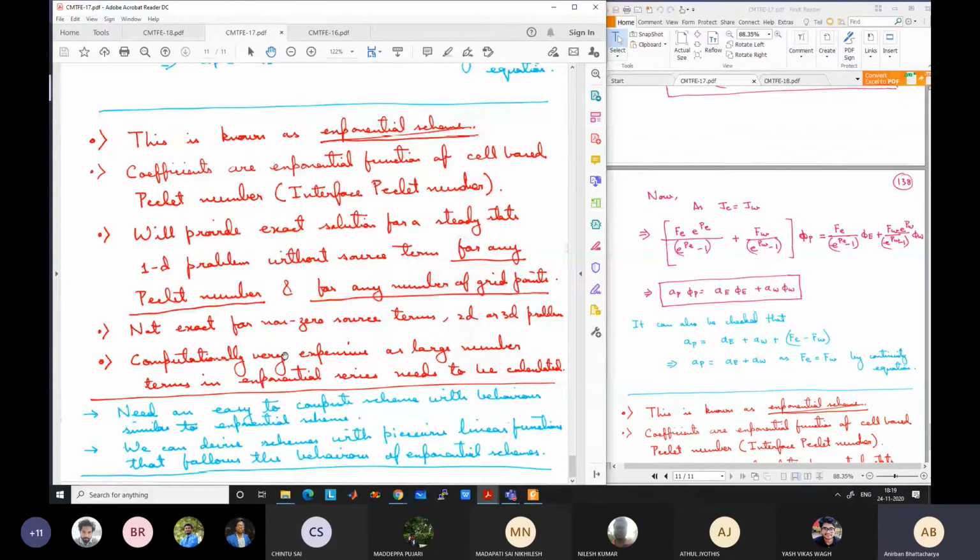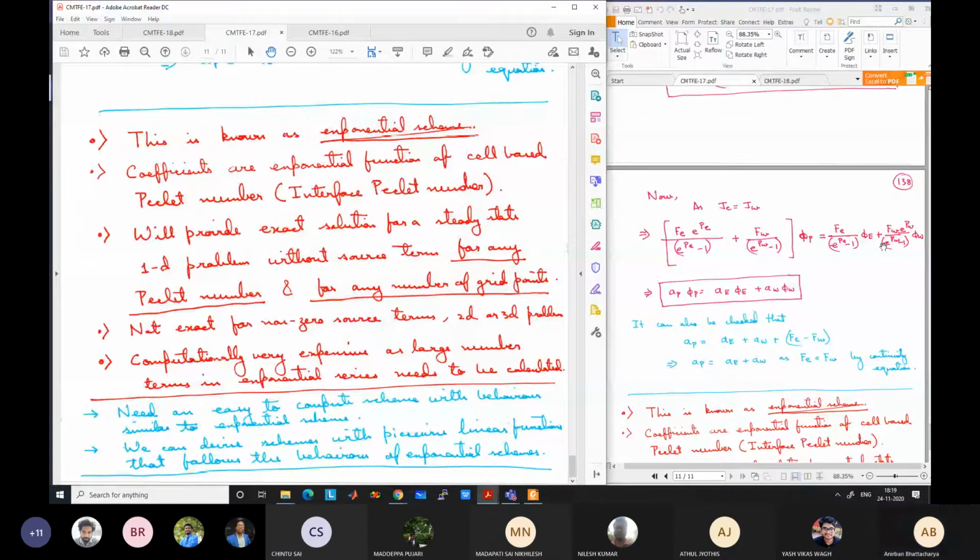The main drawback was the exponential terms that we have to calculate for each grid point. At each interface, you have to calculate one exponential term, like e to the power P and e to the power Pw. So two exponential terms per grid point, on its west and east interfaces. This actually consumes a huge amount of computer time, so the scheme is very slow.